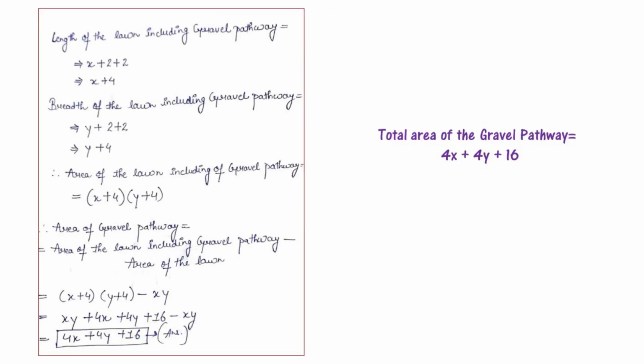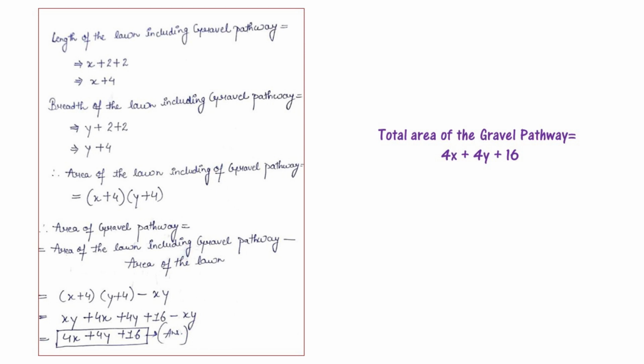Now let us solve this question. The length of the lawn including the gravel pathway is x plus 2 plus 2, that is x plus 4, and the breadth of the lawn including the gravel pathway is y plus 2 plus 2, that is y plus 4.